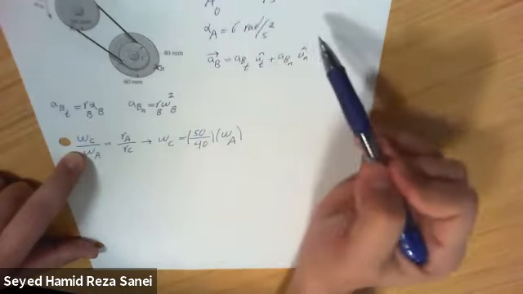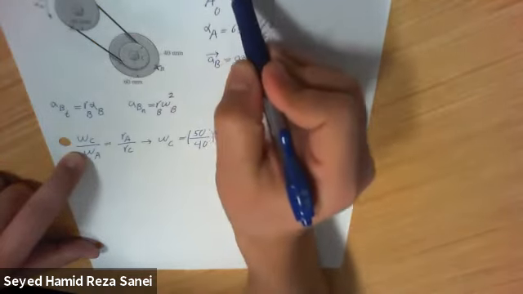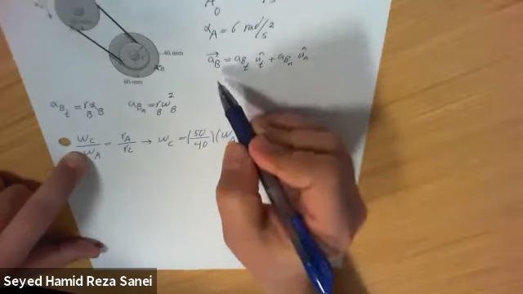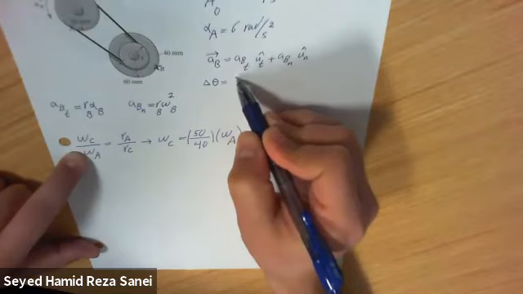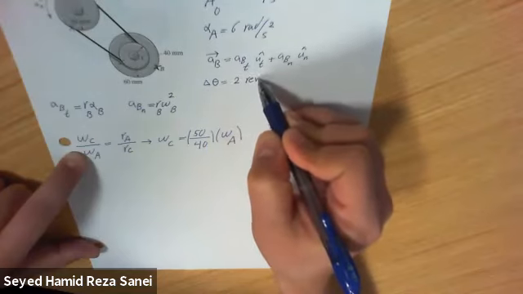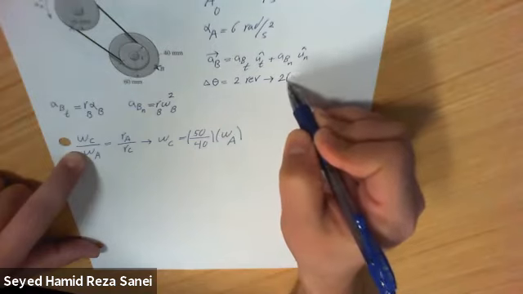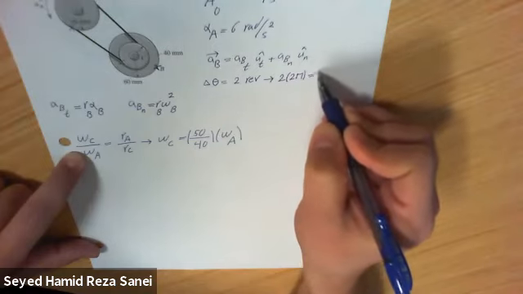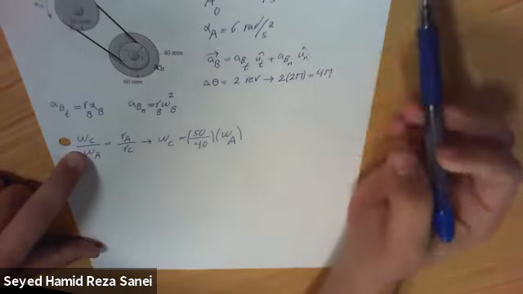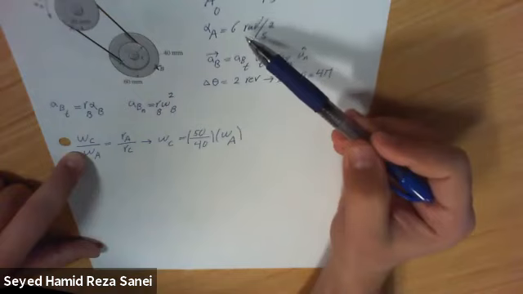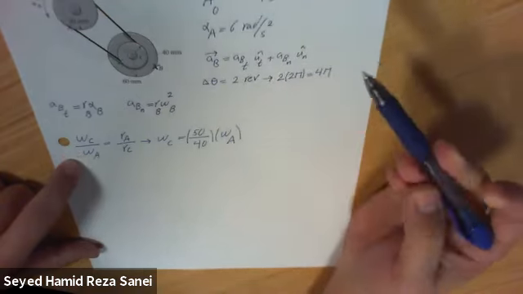We have the acceleration. We know that gear A is going to rotate 2 revolutions. So we have delta theta as 2 revolutions. 2 revolutions means 2 pi times 2, so 4 pi. And I have the initial velocity and the acceleration, so I can find the final angular velocity.